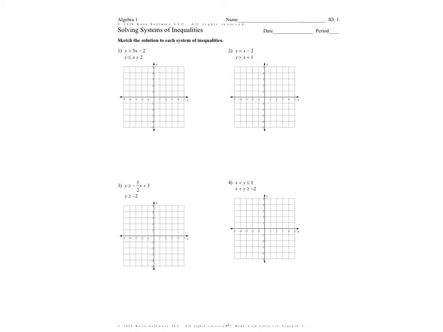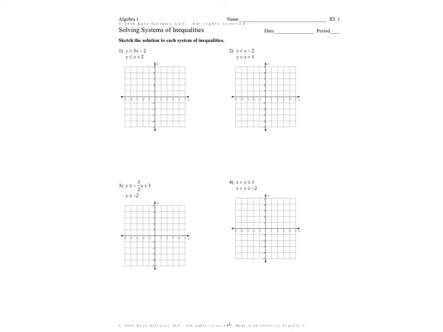Hello and welcome back. In this video, we're going to go over solving systems of inequalities. Now, the way we're going to solve these is by graphing, because if you remember back when we graphed a plain old inequality, we would have a line, dotted or solid, and then part of the answer was the shading.